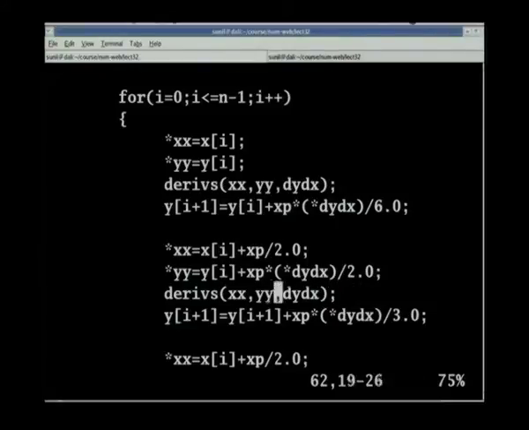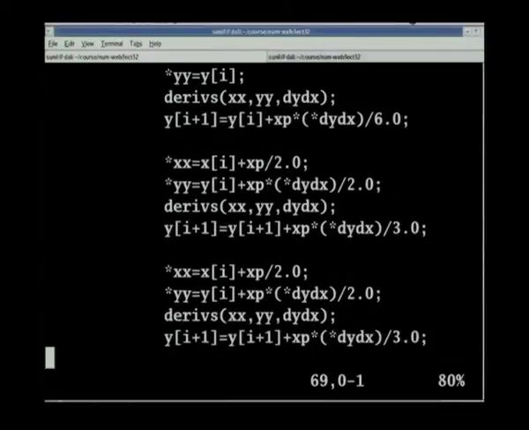Again it calls the same program, supplying the new x and y values, and gets the new derivative, and then I add that divided by 3 to the old yn plus 1. I do that step once again, shifting x to x plus h by 2, and y to y plus h times this derivative evaluated here divided by 2. Then I supply that, get a new derivative, and add that to yn plus 1.